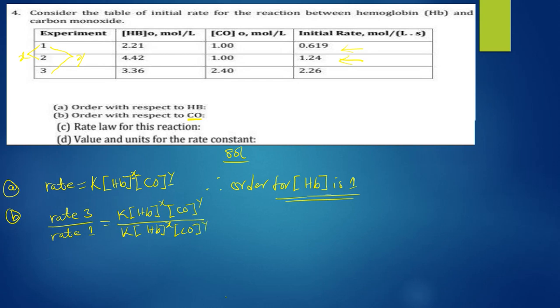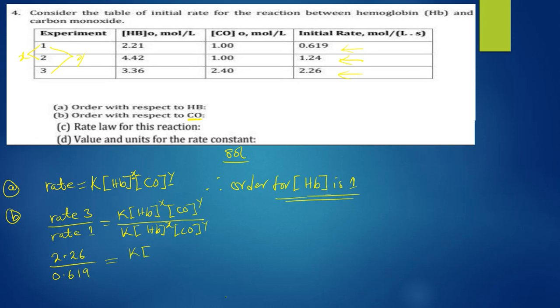Then here what's your rate 3? So the rate 3 here on the table we're having it to be 2.26, like that. And our rate 1 is what? That is 0.619, like that, is equal to k.